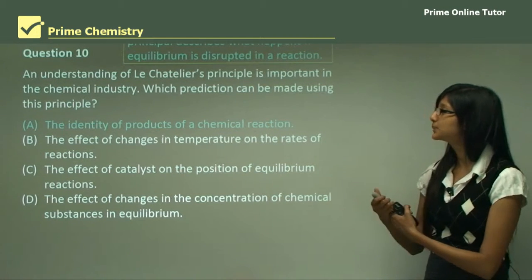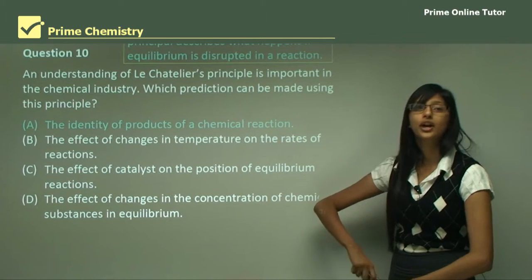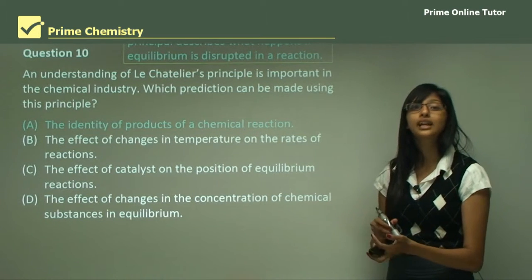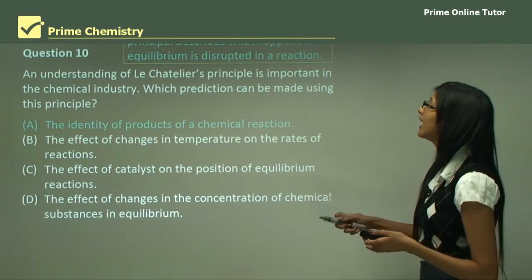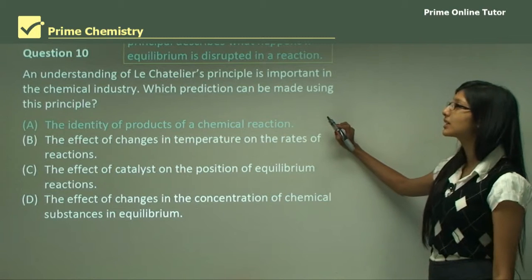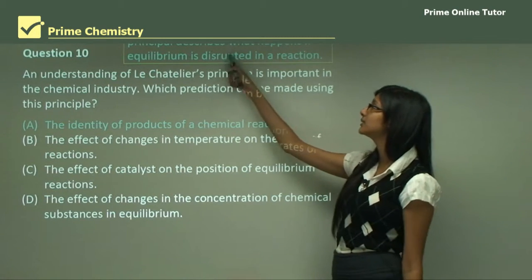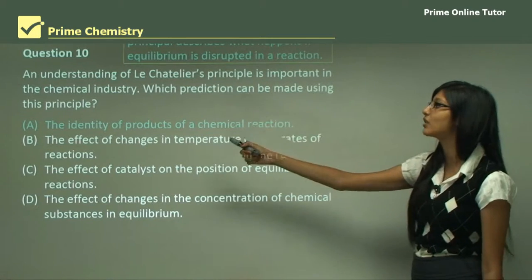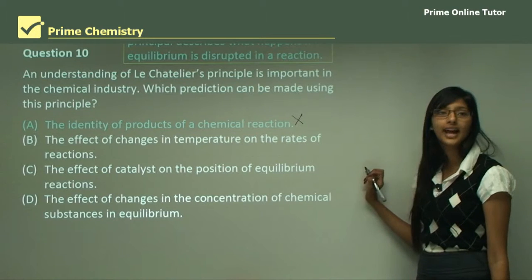Now Le Chatelier's principle does not involve the identity of products or reactants. It only looks at what favors the forward or backward reaction. Hence, it's not the answer, because Le Chatelier's principle describes what happens if equilibrium is disrupted in a reaction and not the identity of product or reactant. So A is not the answer.